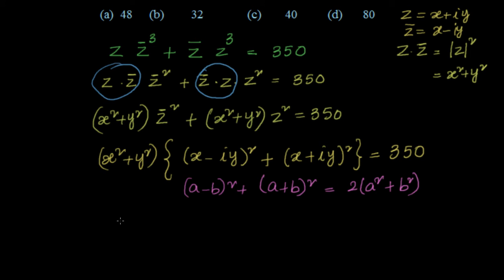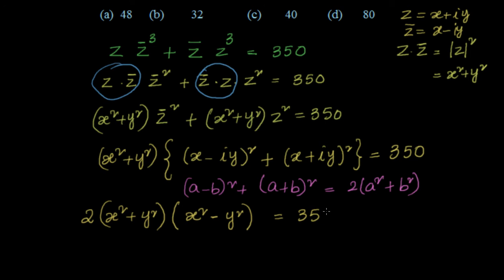Leveraging that formula, we have (x² + y²) multiplied with 2(a² + b²). I can take 2 outside. a² is x². What is b²? b² is i² y². Can I write i² = −1? So that will become x² − y².